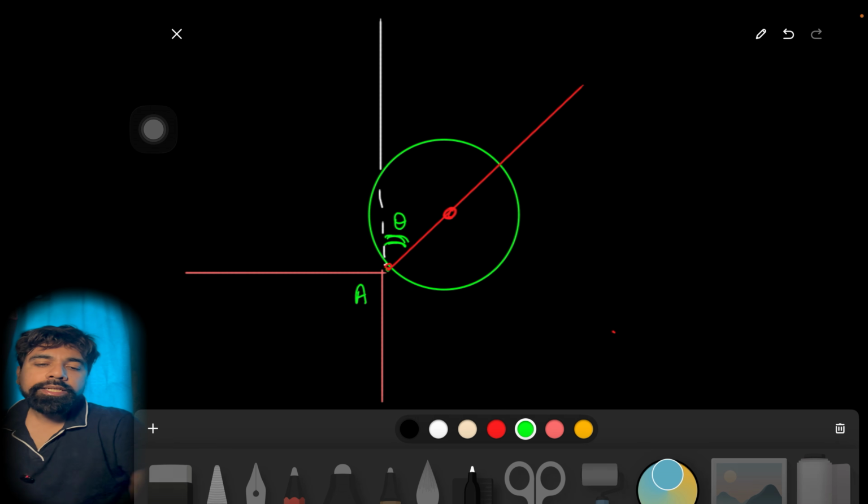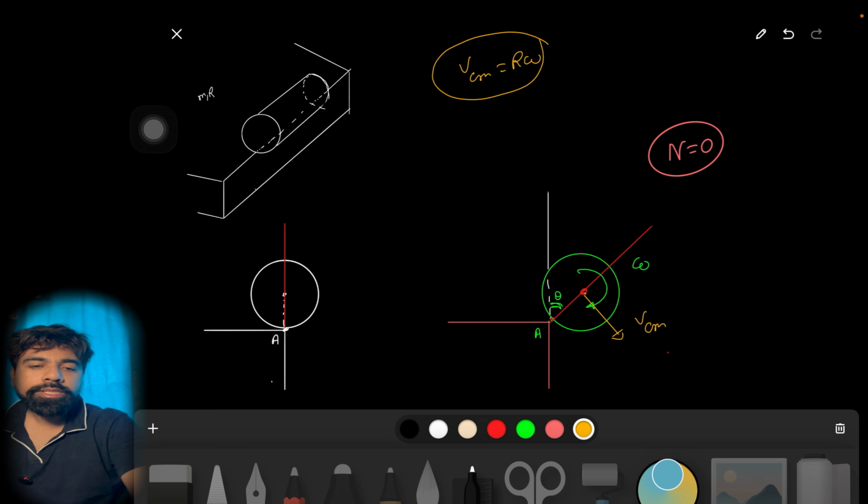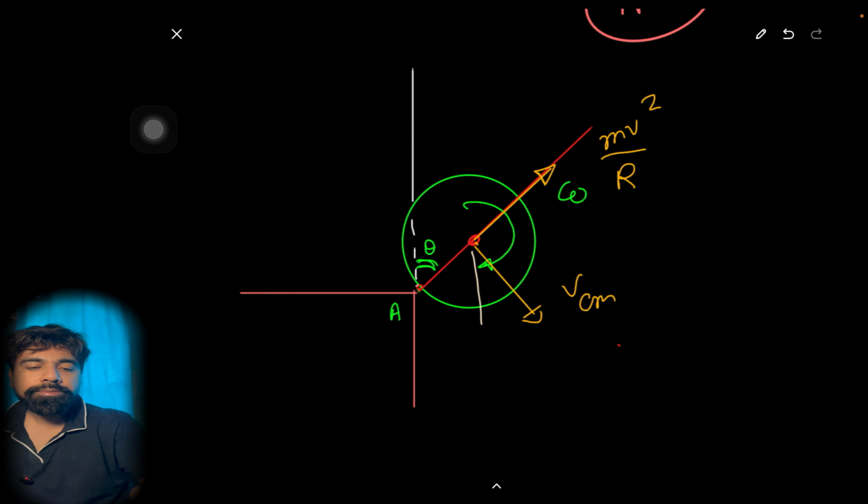As the cylinder is rolling at this time, there is omega, right? And the center of mass will also have some velocity, VCM. Because it is in pure rolling, the condition is VCM equal to R omega. This condition is valid. Now the centrifugal force radially outward is mv square by r. Gravity acts vertically downward, which is mg.